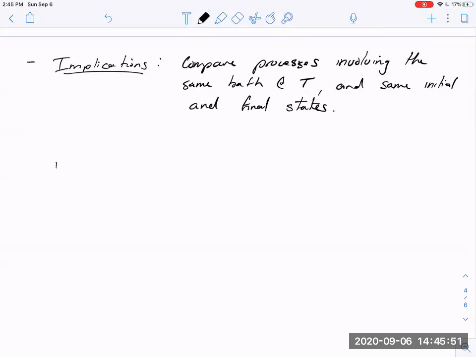Let's go back to that polymer pulling example. So let's imagine taking our glass beads with a polymer tethered between them at some initial state with corresponding energy E1.